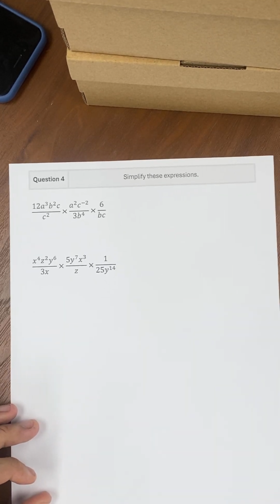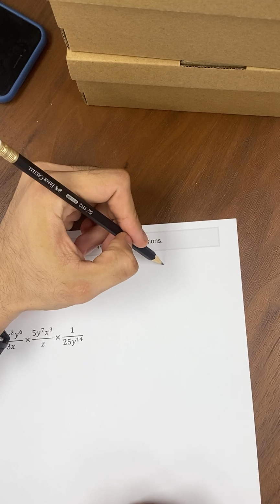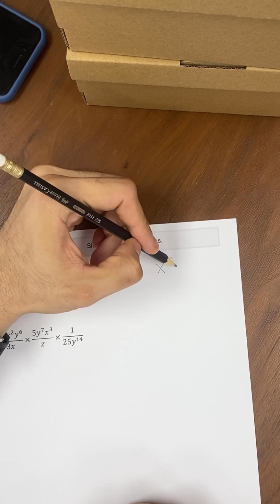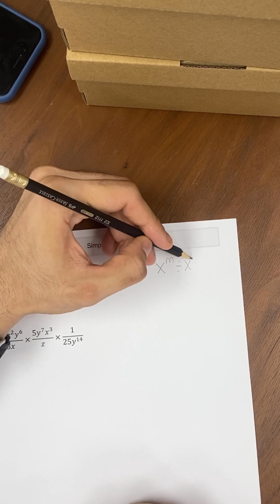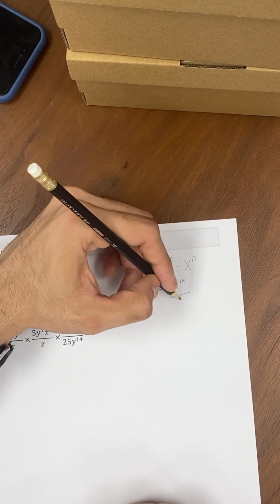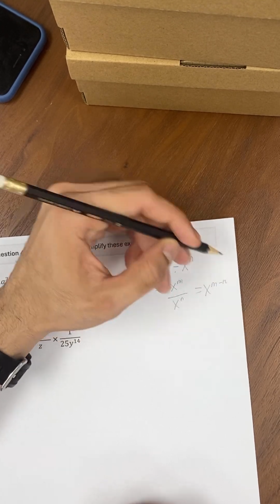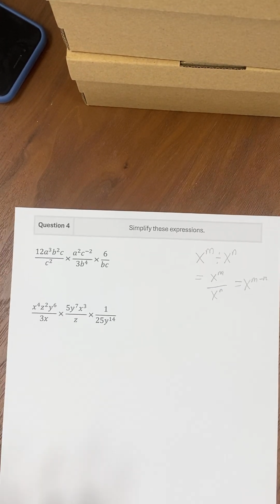For question number 4, I need to simplify these expressions. And I need to use the rule: x^m divided by x^n equals x^m over x^n equals x^(m-n).